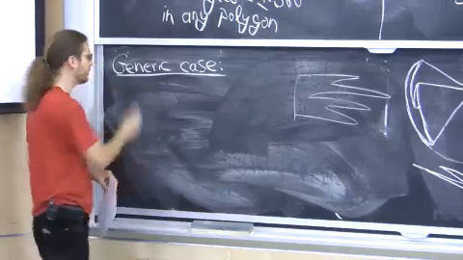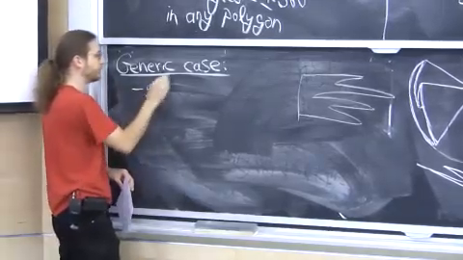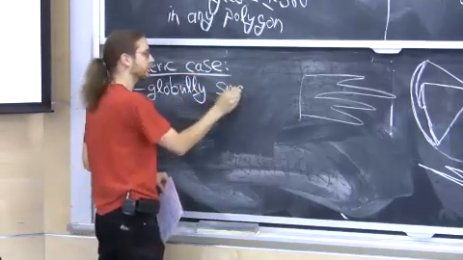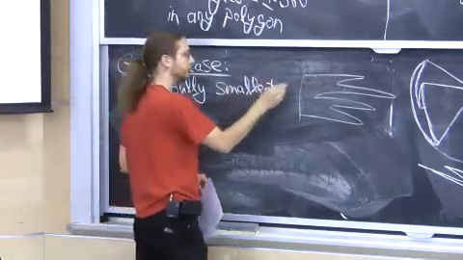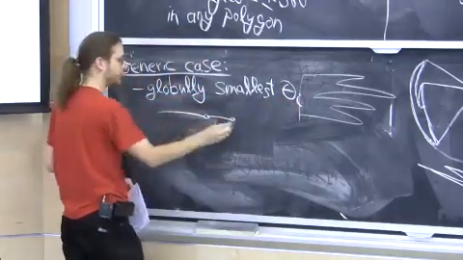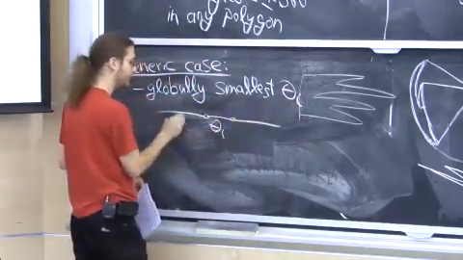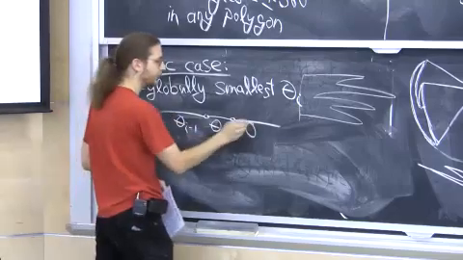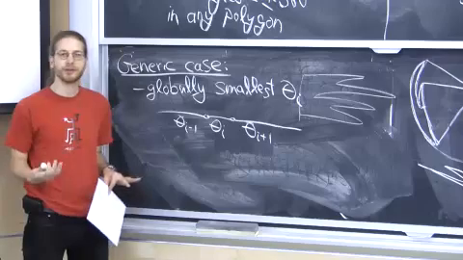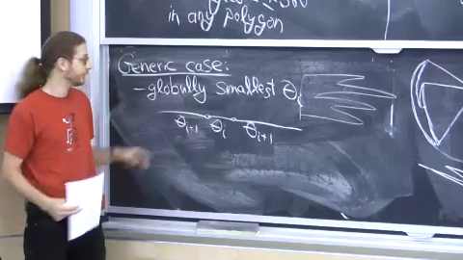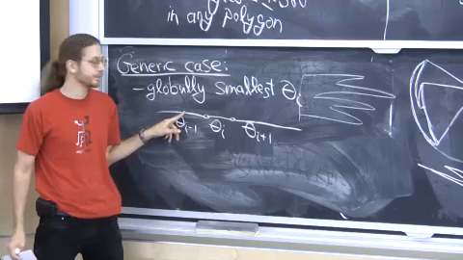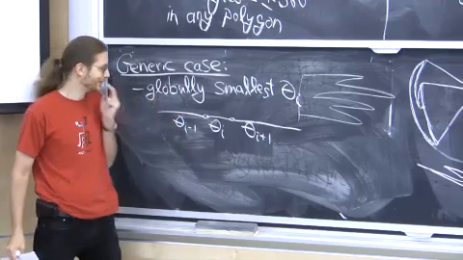Then, look at the globally smallest crease. It's the globally smallest theta. Say it's theta i. So the picture is theta i minus 1, theta i plus 1. And what do we know? If it's globally smallest and none of the values are equal, then we know that these 2 are bigger. No big surprise.